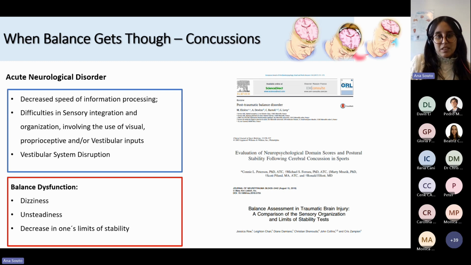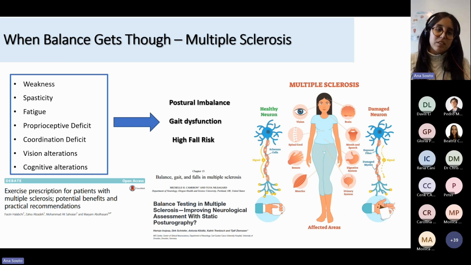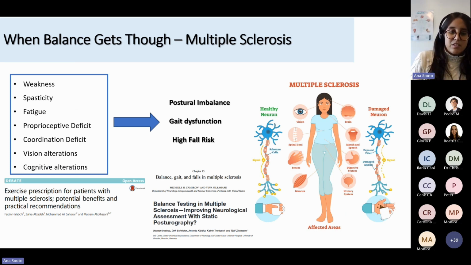which I will also explain later. And finally, multiple sclerosis, which is a disease that unfortunately, as physiotherapists, as doctors, we come across often. Multiple sclerosis is a chronic disease of the central nervous system that affects the brainstem, the spinal cord, and the optic nerves.